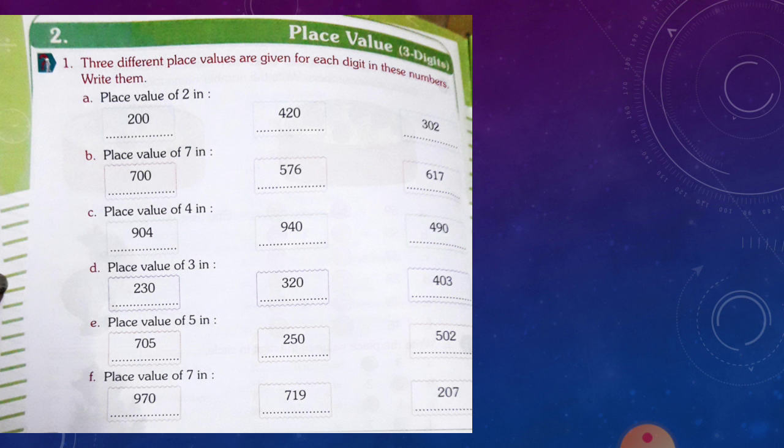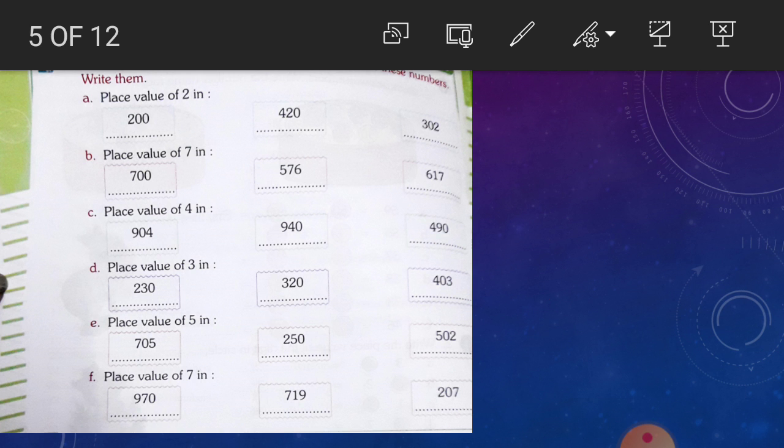So children, you can see three different numbers given. For question number A, 200, 420 and 302. So you have to write the place value of 2 in each of the given numbers.